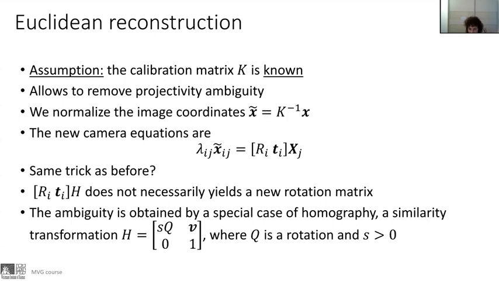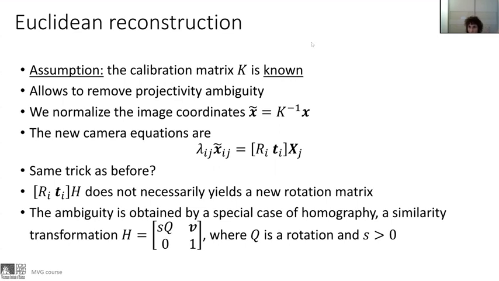You can take a special case of homography, which is the similarity transformation, like what we have here, written as some scaling S times a rotation matrix, some vector in R3, 0 and 1. As you remember from the start of the lecture, this is exactly a similarity transformation.